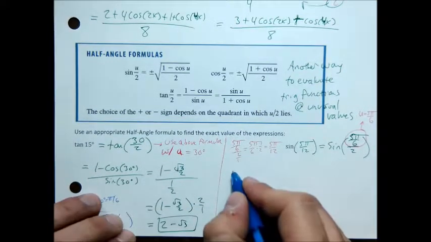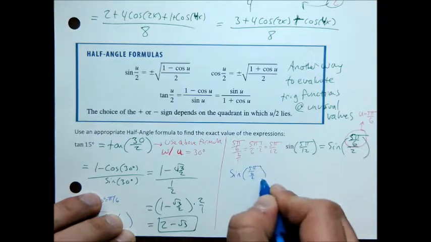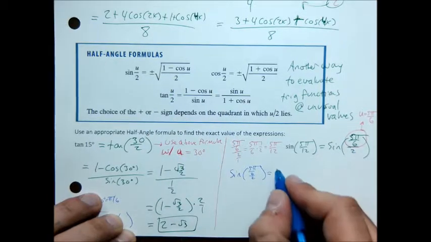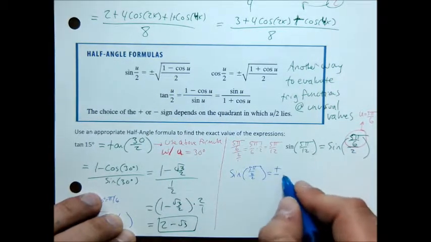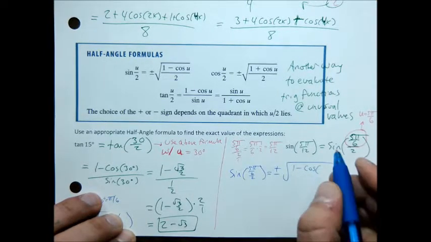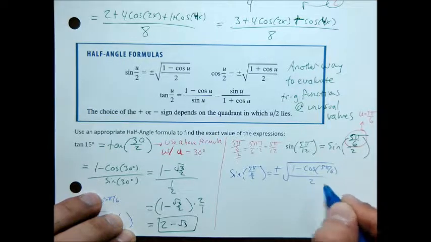So this would become then sine of 5 pi over 6 over 2 would be, I'm going to use the sine formula, right? So you got a plus or minus here. Plus or minus square root of 1 minus cosine of u. In that case, it's 5 pi over 6 divided by 2.